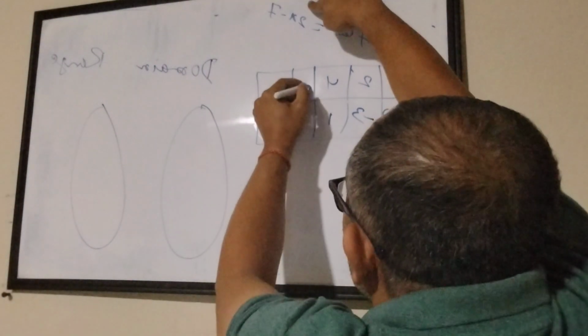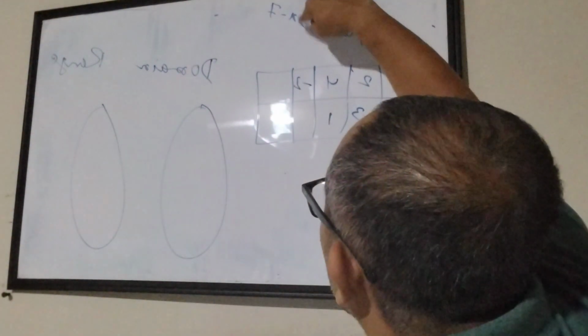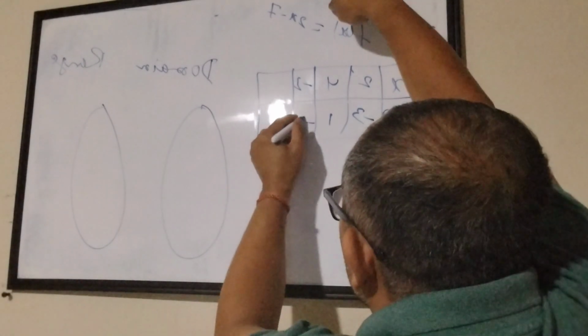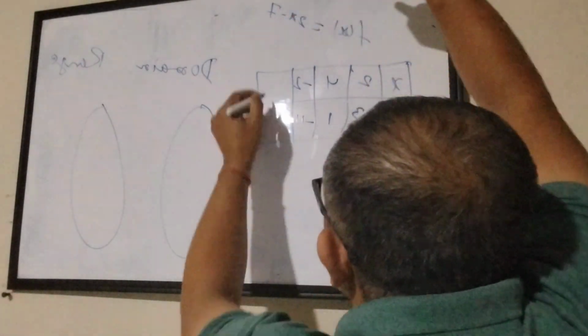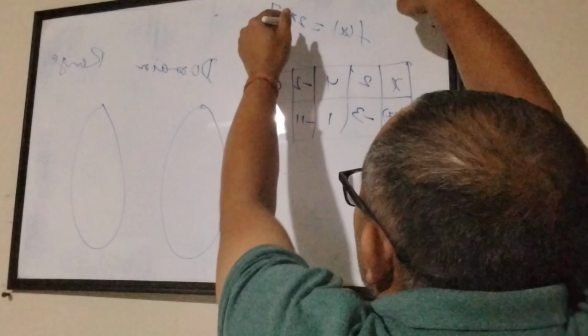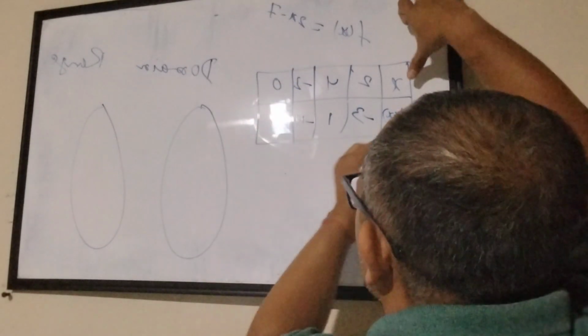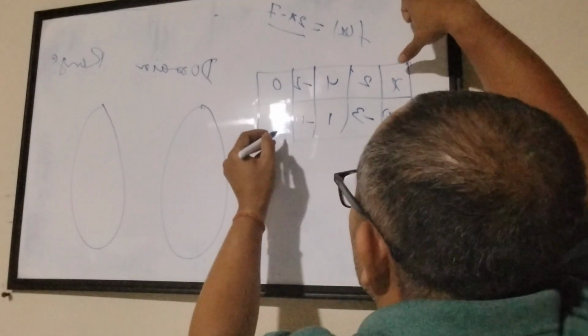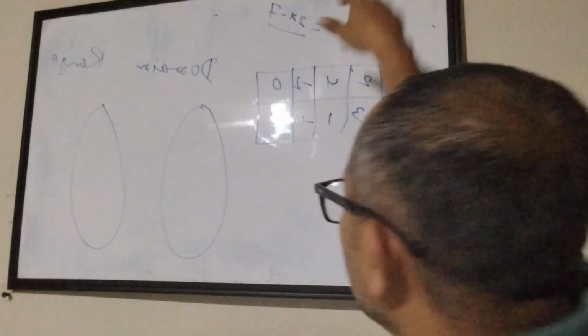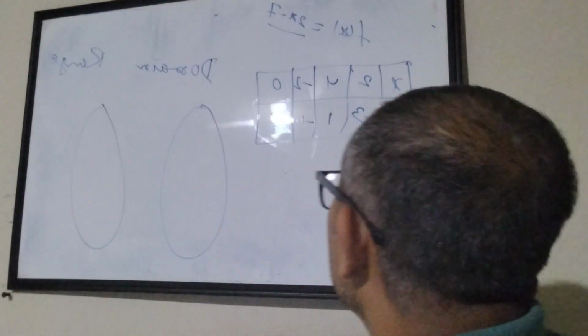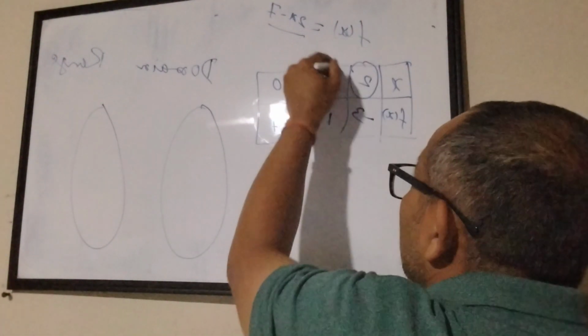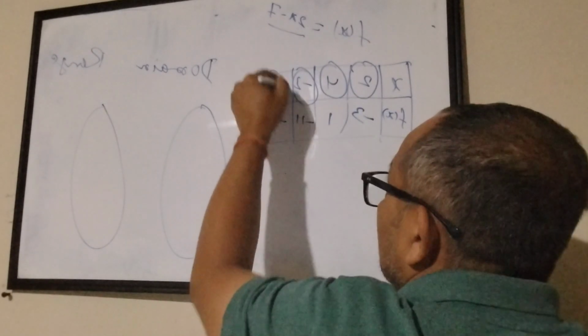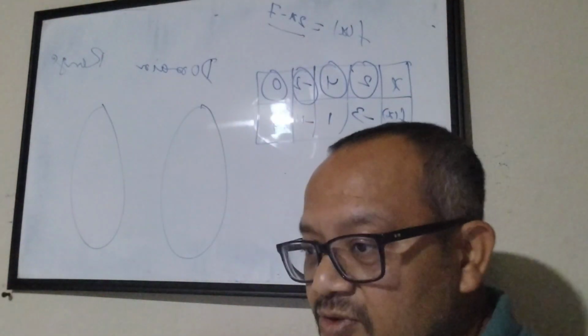When x becomes minus 2, it becomes minus 4 minus 7, which is minus 11. When x becomes 0, my function output becomes minus 7. So here, these are the 4 possible inputs that we have given, and these are the corresponding outputs.